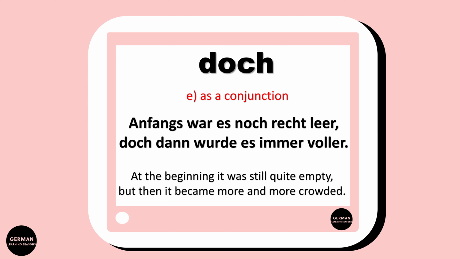Anfangs, at the beginning, war es, it was, noch recht, still quite, leer, empty, doch dann, but then, wurde es immer voller. It became more and more crowded. So immer here means more and more.